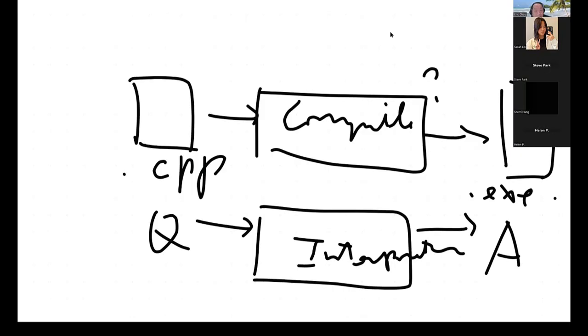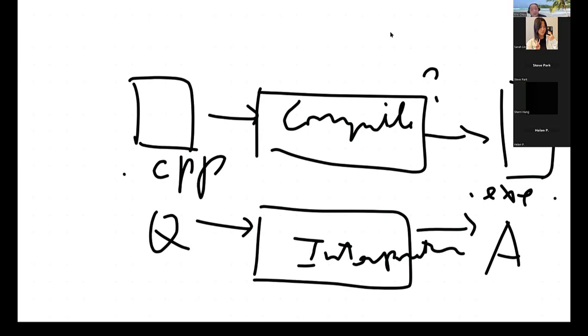So like the computer can run it because a computer can't read higher level code. Yeah, but that's already the old purpose. How about Sherry? Can you talk about it? Can you repeat the question again?